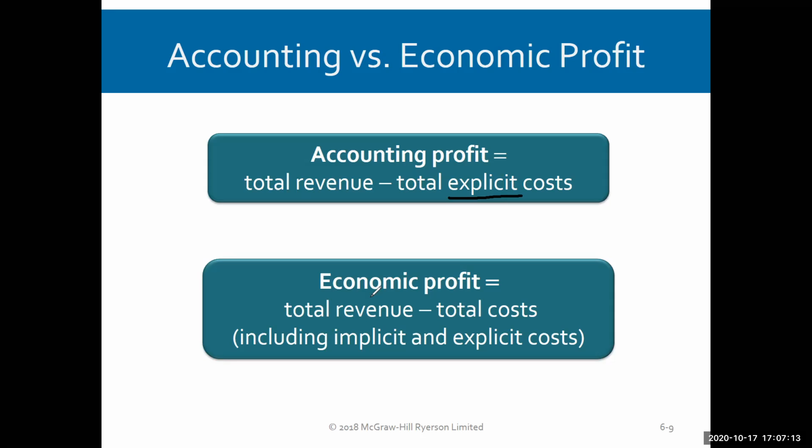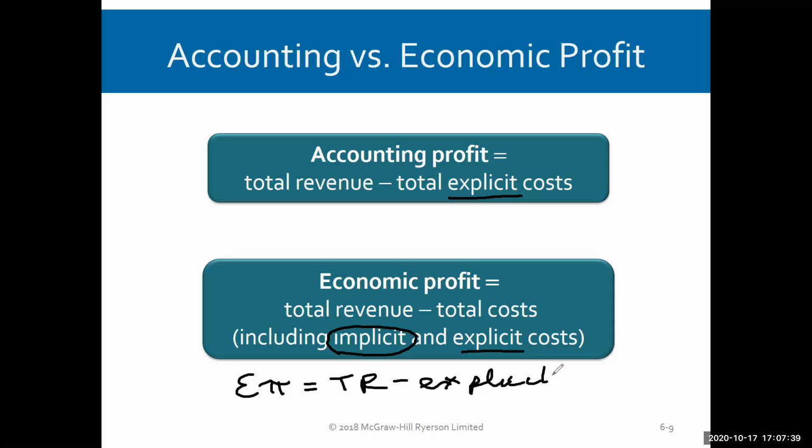But the economic profit takes the same total revenue, but then we subtract explicit costs, and then you also subtract implicit costs. That's how you get at the economic profit. I like to use the formula here. Economic profit, notice the symbols I'm using, is total revenue minus the explicit costs.